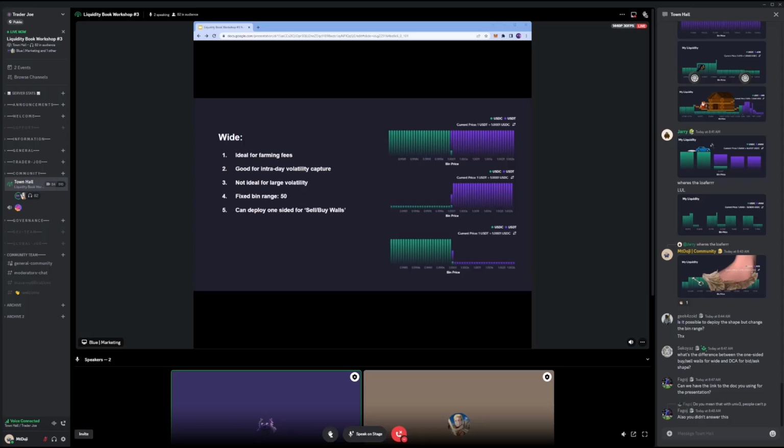Whereas in Liquidity Book, all liquidity providers that provide liquidity over, for example, the same price range will essentially be depositing their liquidity into a bin which everyone else has liquidity in. So it's a fungible design.